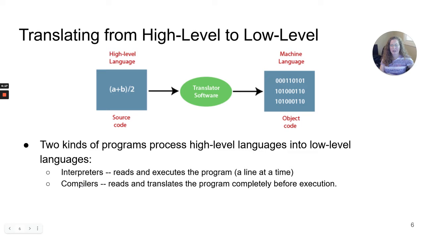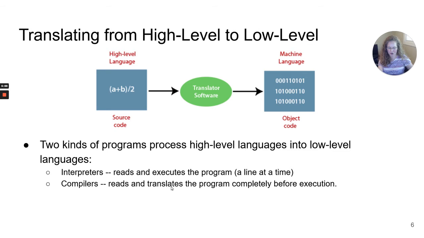A compiler is more like someone who sits down and translates the entire book and then gives you the entire book to read. So a compiler reads and translates the program completely before execution, before somebody starts looking at the English part of it. Hopefully that gives you an idea of the difference between an interpreter and a compiler. It's the difference between interpreting on the fly and translating everything ahead of time before you produce the entire translation.